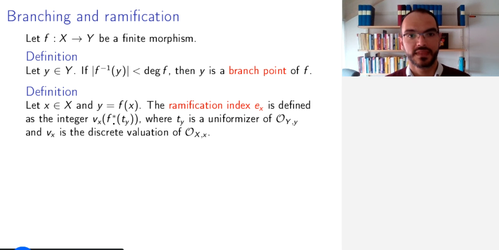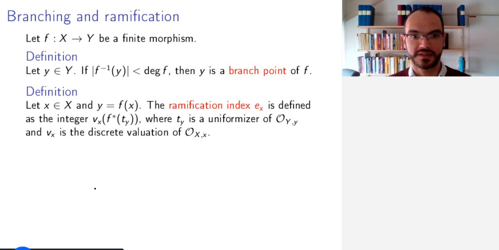More precisely, if x is in x and y is the image of x, then the ramification index is the following integer. It's the discrete valuation at the point x of the uniformizer of the local ring at y.